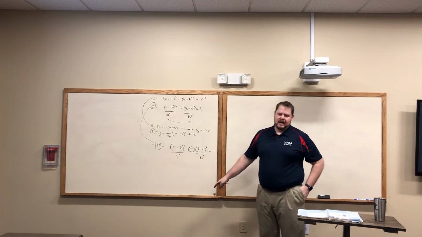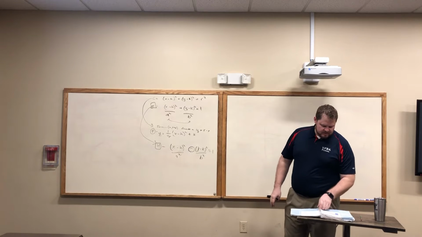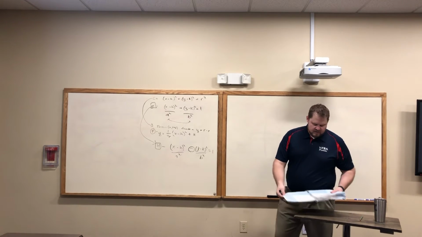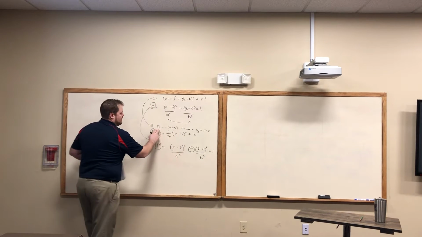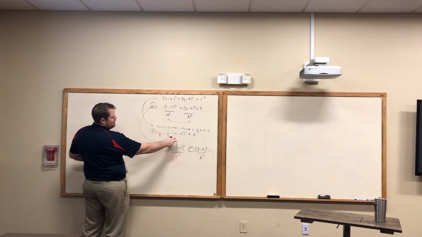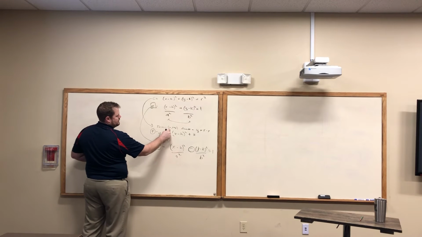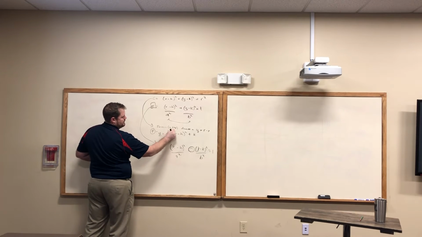So your foci, and here's what you do. When you find your focuses, remember, if you're finding the focus when it's reversed, you're doing h minus plus p and the k.